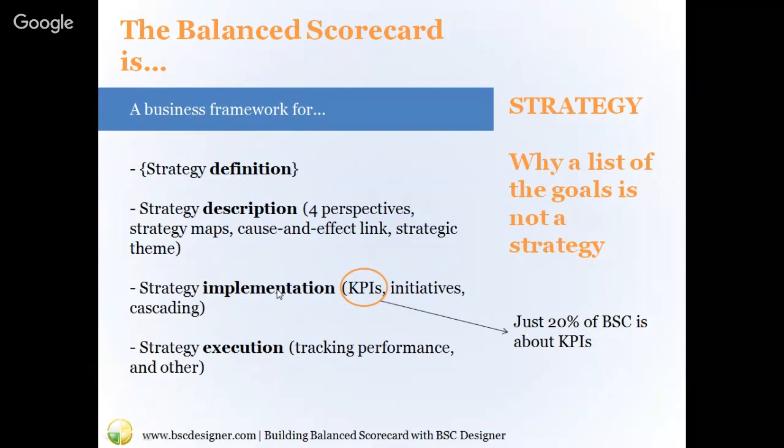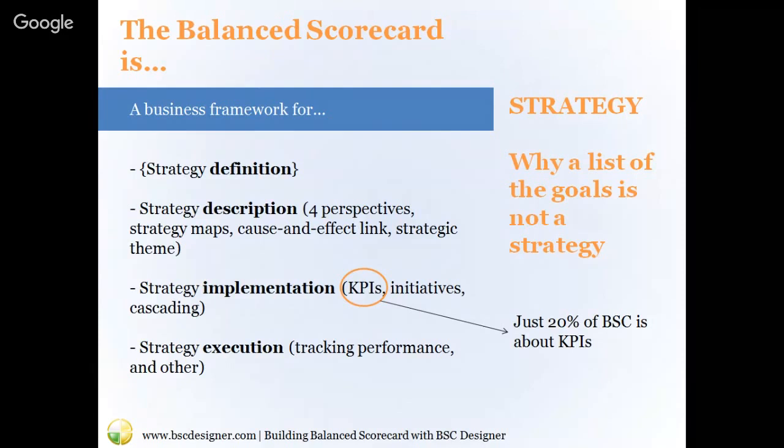Now, what more can we say about implementation of the strategy? We need to implement the strategy not only for the top managers, because if we do this for the top managers only, we cannot expect that other people on our team will be able to follow this strategy.